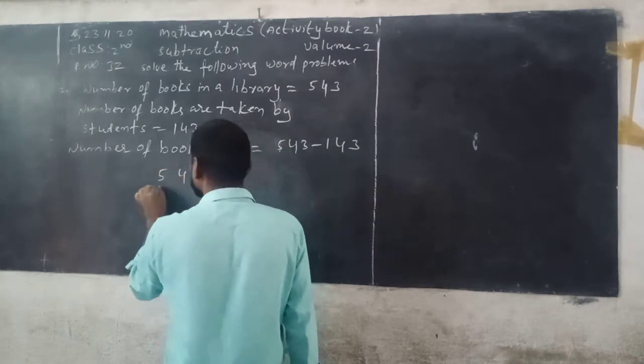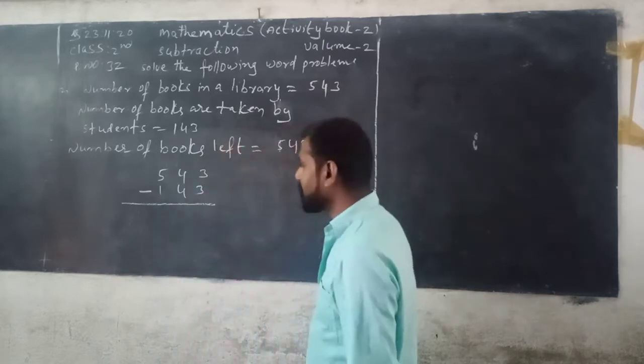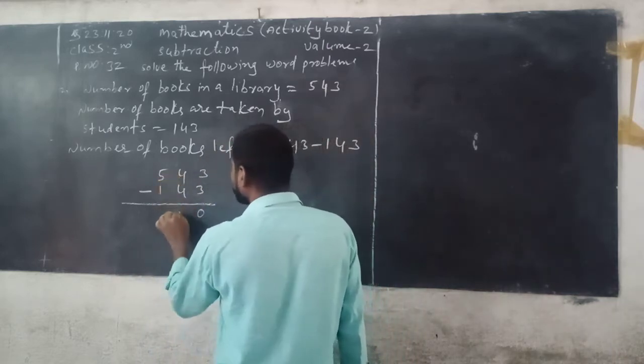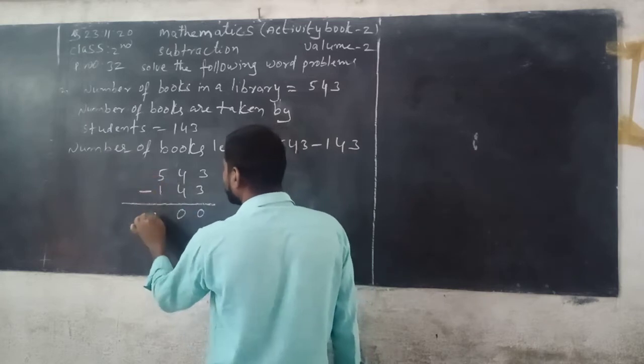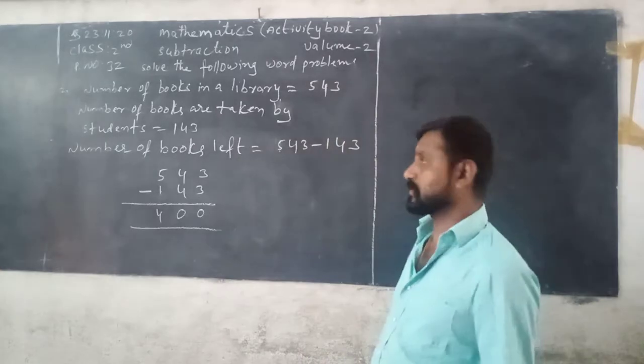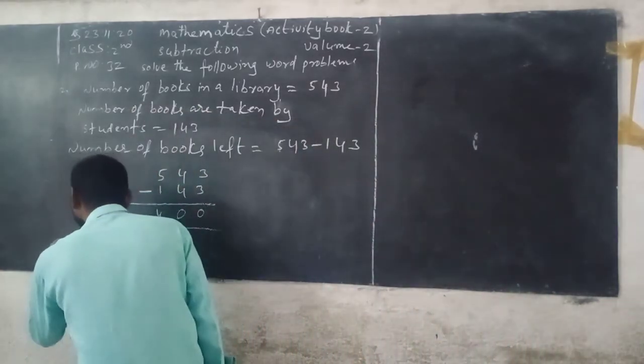First subtract the digits in one's place. 3 minus 3, 0. 4 minus 4, 0. 5 minus 1, you can get 4. How many books left in a library? 400 books.